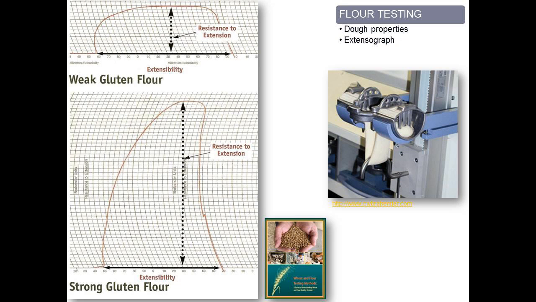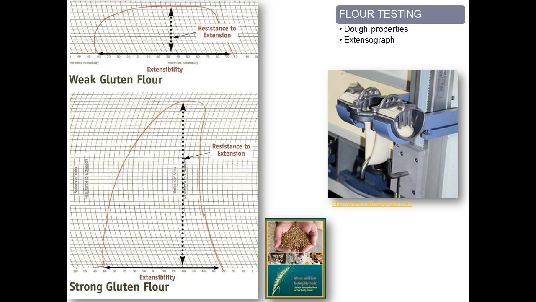The other thing that we can do, so we've mentioned issues to do with mixing, but there are also ways of measuring things that you would feel on the bench, for example when you first go into pre-shaping, and certainly when you go into shaping, in terms of how far the dough will stretch without tearing and how easy it is to stretch. This particular test on the screen now is called an extensograph test.